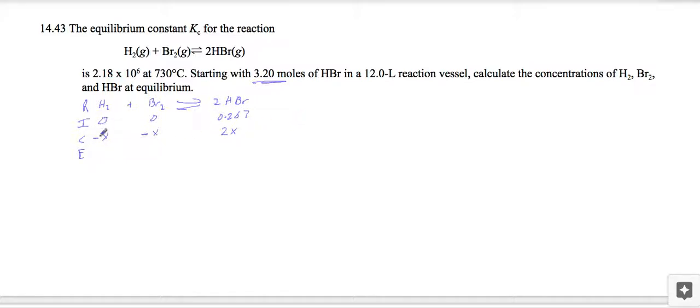We can't subtract something from 0. Can't have negative concentrations. I will tell you, if you do it this way, you will get the right answer, as long as you keep track of the signs. But conceptually, it makes a whole lot more sense to do it this way. So then we have x here, we have x here, 0.267 minus 2x. We can put it into the equilibrium expression.